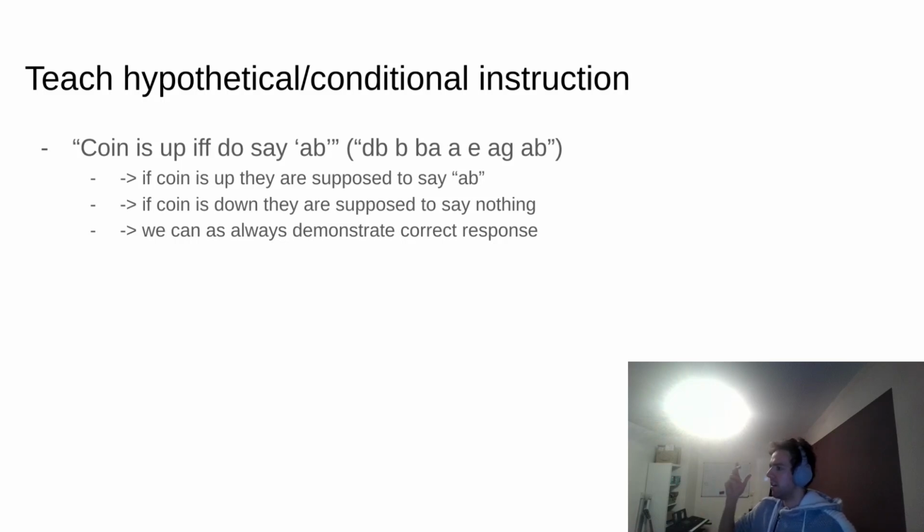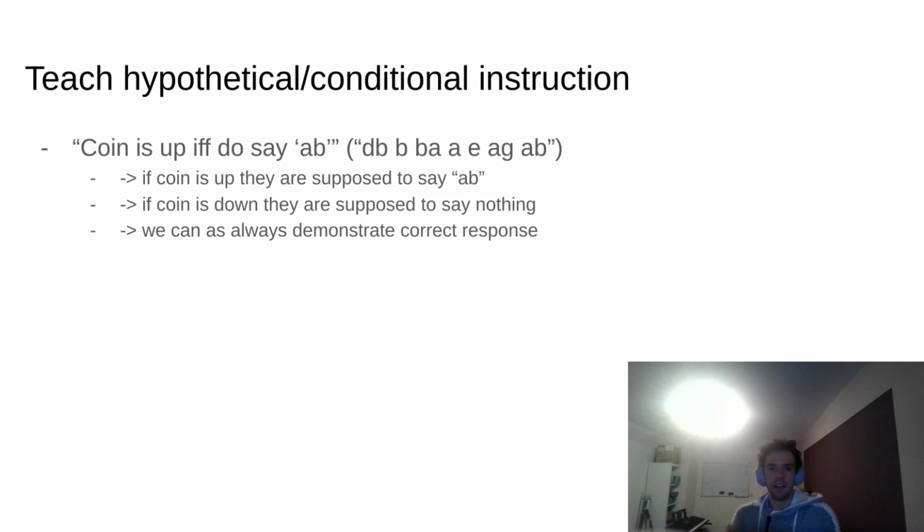But what we usually mean in such a case would be more like walk if and only if the light is green. And we can do something similar in the orca case where we say the coin is up if and only if you say Abe, or something like two tones.